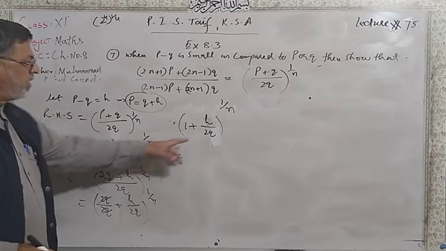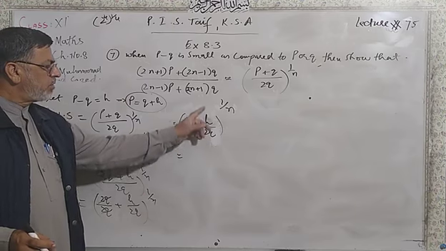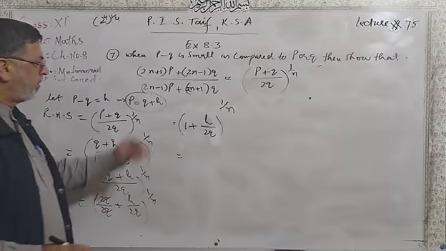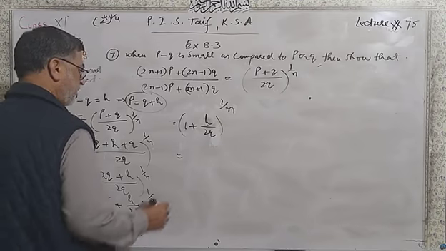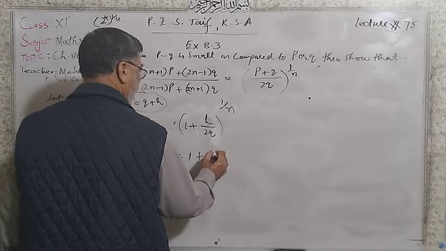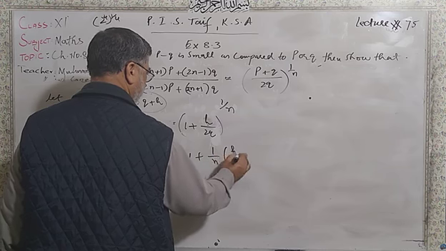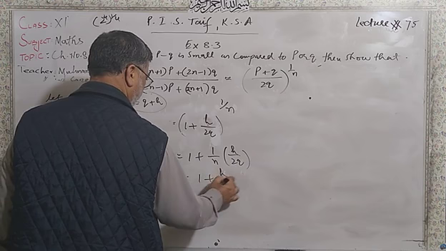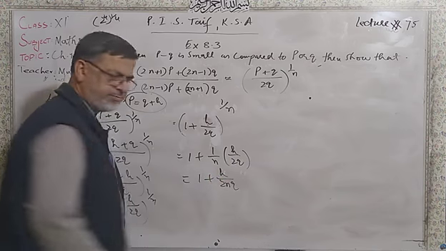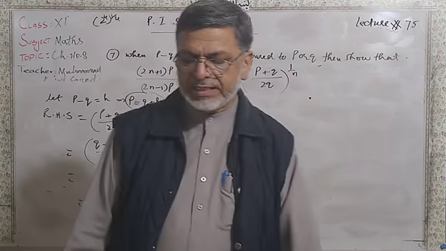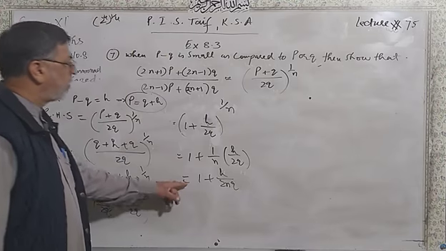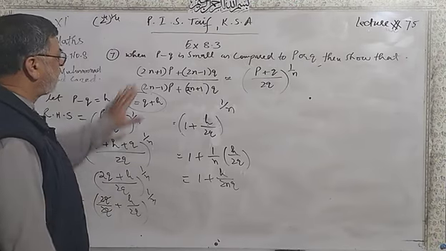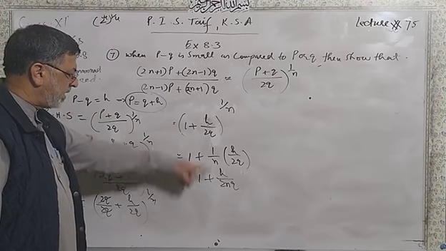As H is very small and Q is very large, H over 2Q will be very small and can be neglected. So we can apply the formula 1 plus nx, and we have 1 plus H over 2nQ. This is your right hand side, and after simplifying we will get the same answer.